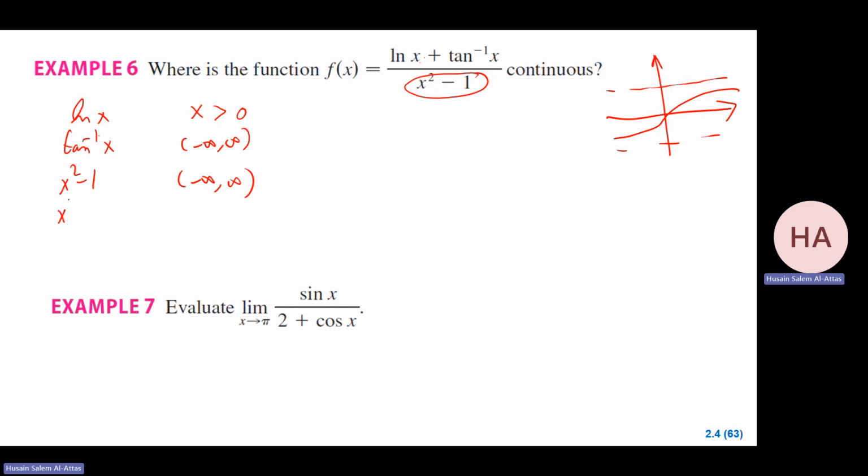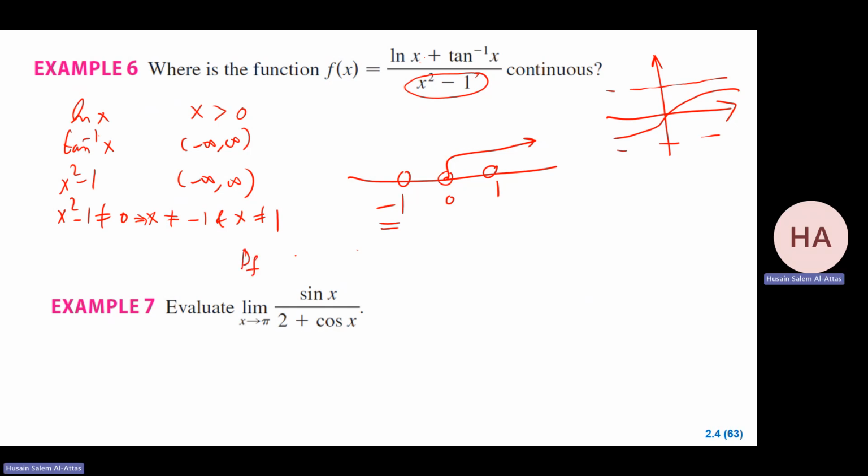But since it's in the denominator, I want this not equal to 0. So I have x not equal to minus 1 and x not equal to 1. So I have x greater than 0, but x not equal to minus 1 or 1. That will not make a difference. So the domain of f is from 0 to 1 open, 1 to infinity open.